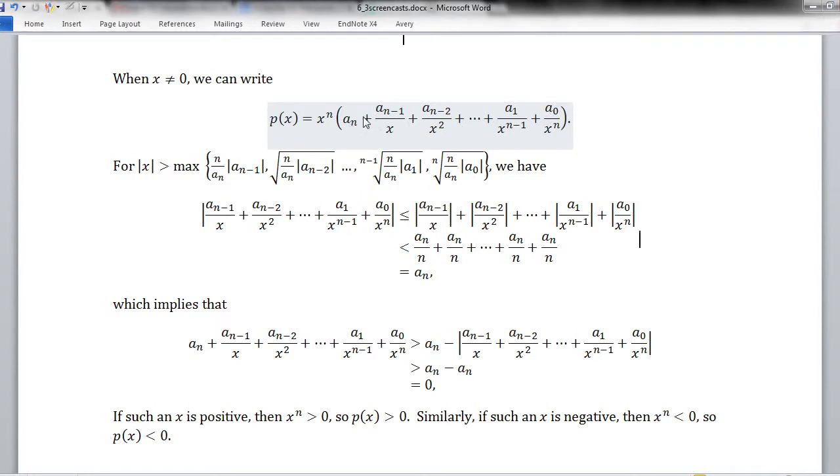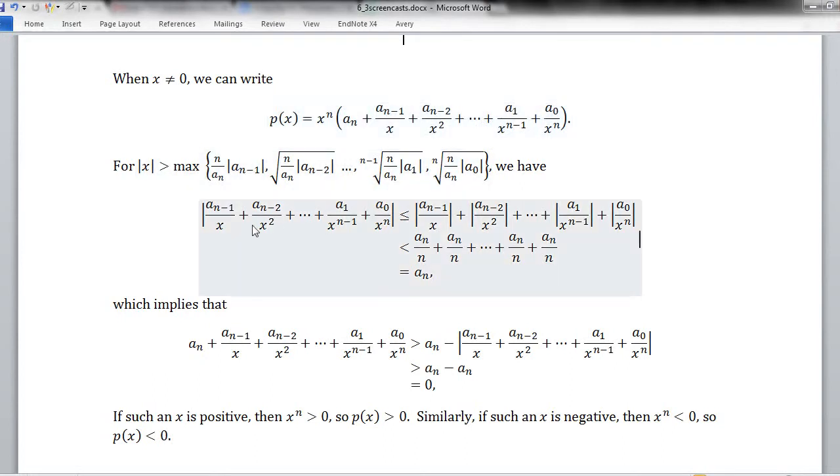Okay. So to sort of force that to happen, what we're really looking for is for the absolute value of this sum here, of all the terms with an x in the denominator, to be smaller than a sub n. So that when we add it on here, it can only diminish the value of a sub n by at most a sub n, and therefore the overall sum will still be positive.